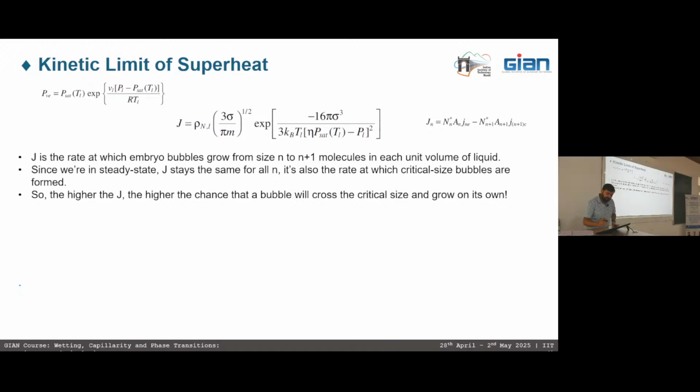So we can say that J stays the same for all n, and it is also the rate at which the critical size bubbles are formed. And the higher the value of J, the higher the chance that a bubble will cross the critical size and grow on its own. That is a case of probability. If we have a higher number of excess molecules, the probability of them crossing the size from which it just grows on would be higher.